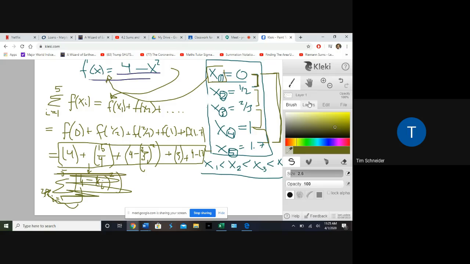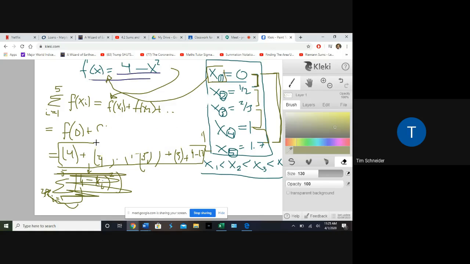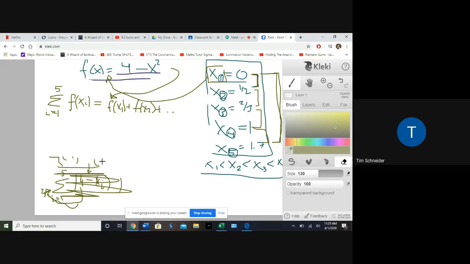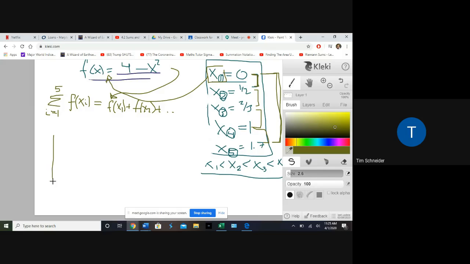But remember what I said about the y values. Let's actually draw out what's happening here. Before, here's x1, here's x2, x3 is right next to it, x4 is right next to that, and here's x5. This is 1, this is 2, here's 4.